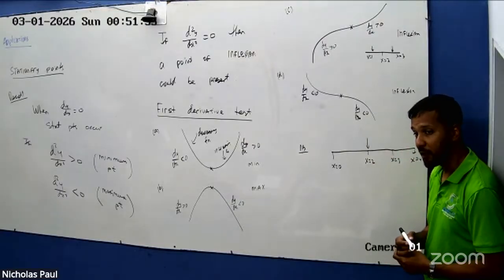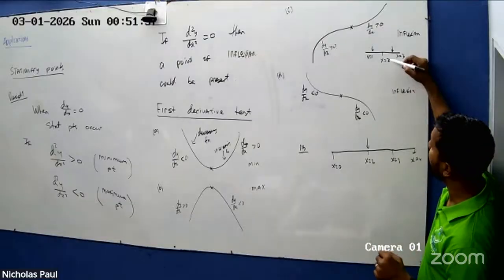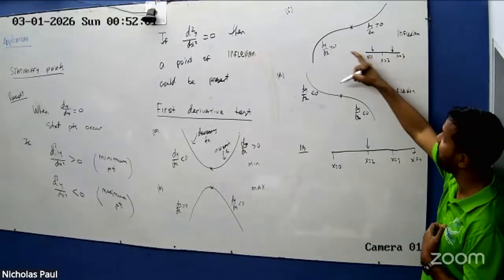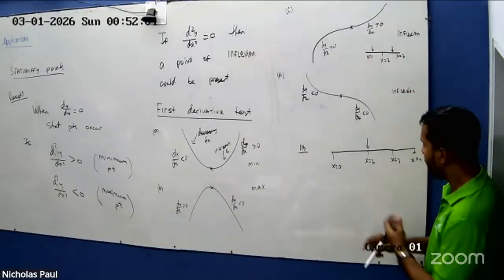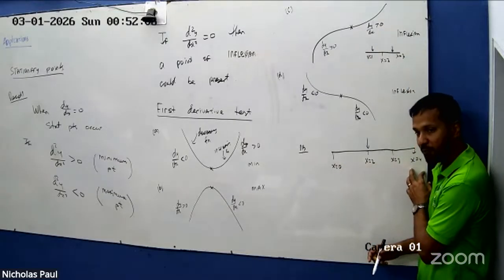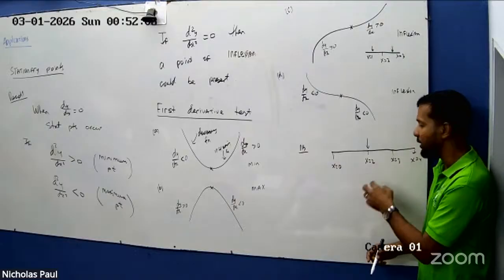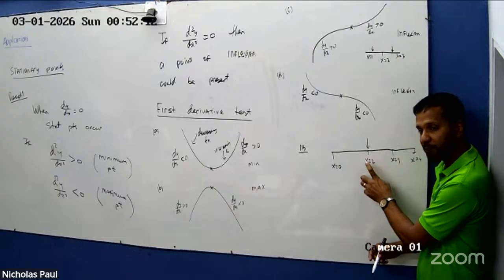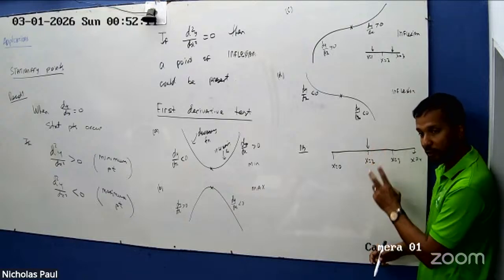Earlier it was said that if you want to check here, we just pick x as 1 and x as 3 and we have a sign. But these are our stationary points. What values would you choose to determine if this point is max, min, or inflection?